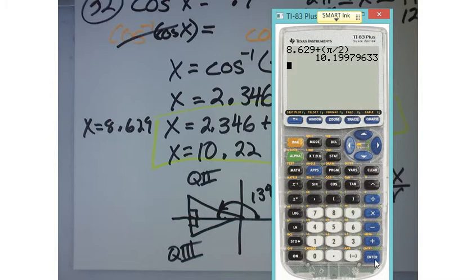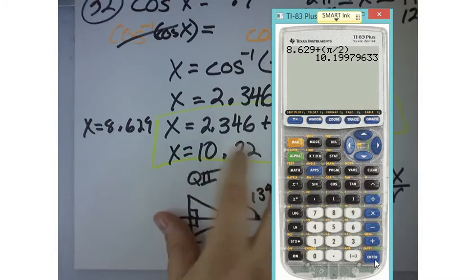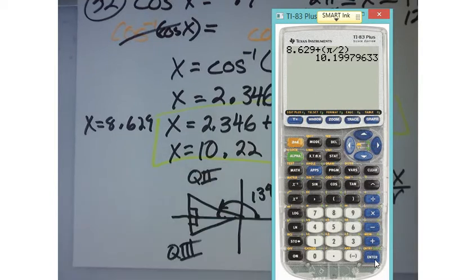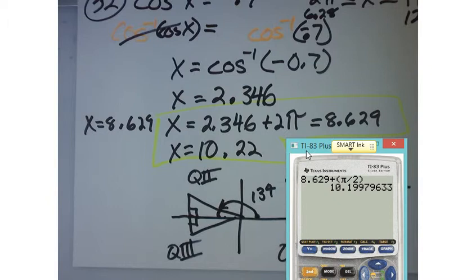Now we're rounding some decimals and stuff, and that's why you have 10.22 versus 10.199. But that's where that comes from.